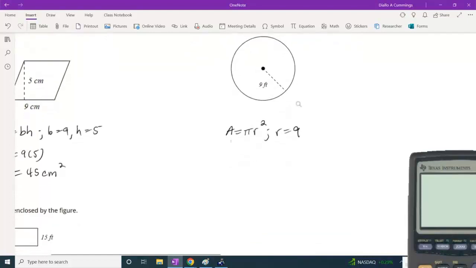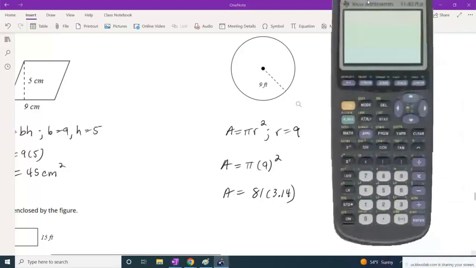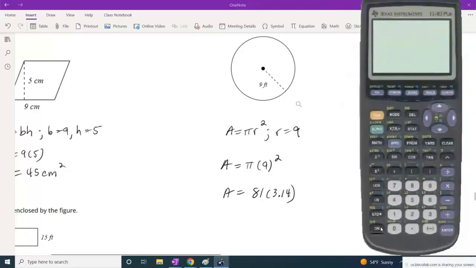So I'm just going to substitute 9 into this formula. A is equal to pi times the radius, which is 9 squared. 9 squared is 81. And they want us to use 3.14 as pi. So you do get a slightly different answer.